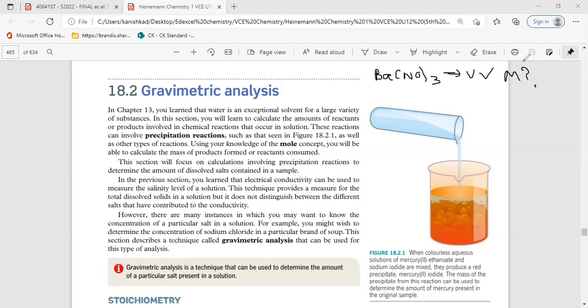So what do we know? Here we don't know the concentration, but we know this. If we react barium nitrate with a sulfate, let's take H2SO4, sulfuric acid, we know both the concentration and volume here.